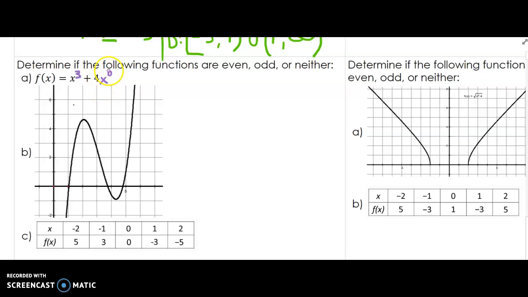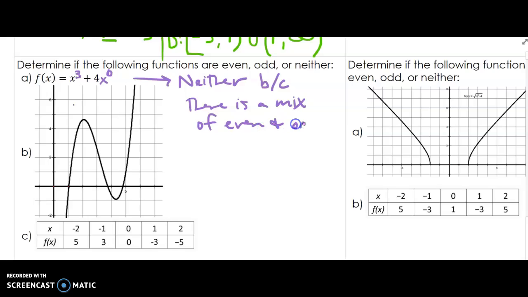This second one is a 0, which we consider even. And so I'm going to say, hey, this is neither even nor odd because there is a mix of even and odd exponents.